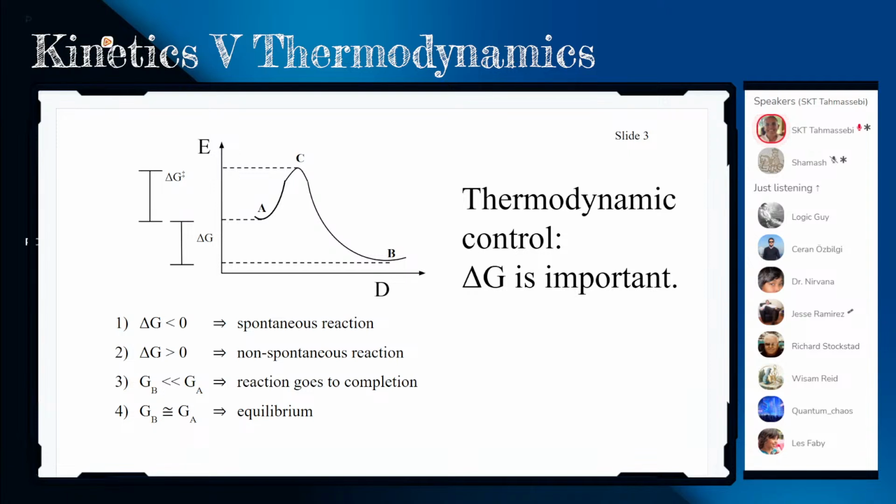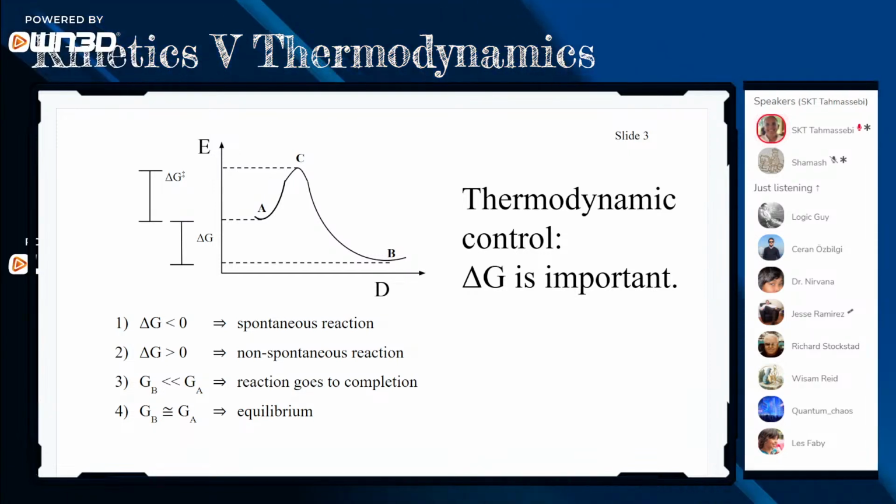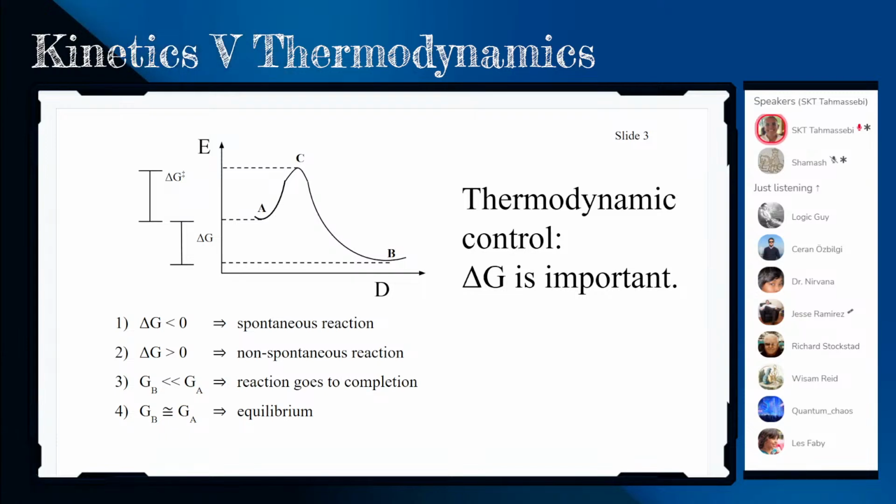Now, if the free energy of the product is much greater than the free energy of the reactants, that reaction goes to completion. You're not going to get any of the reverse reaction.